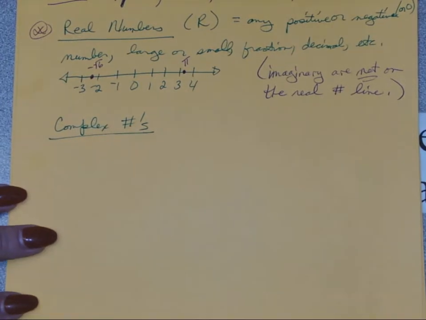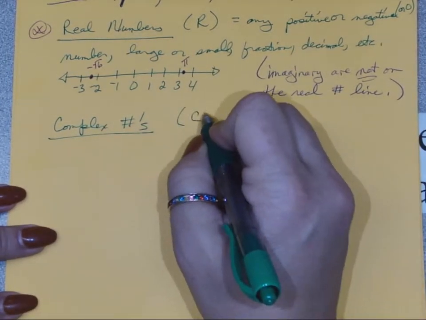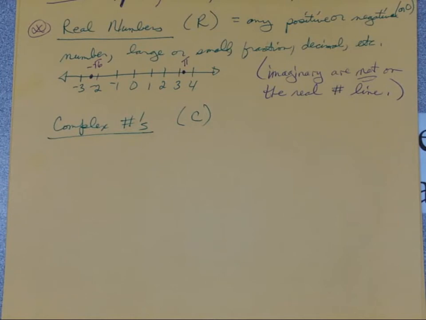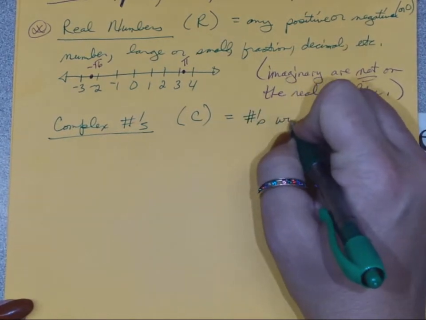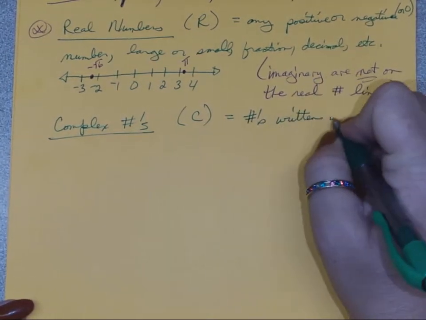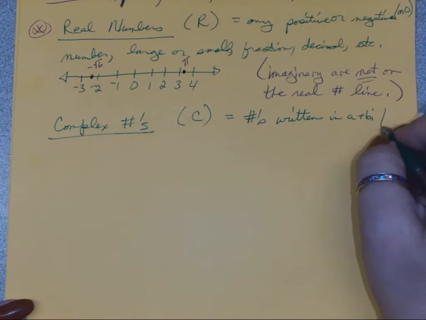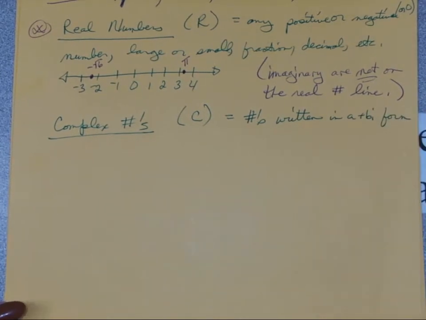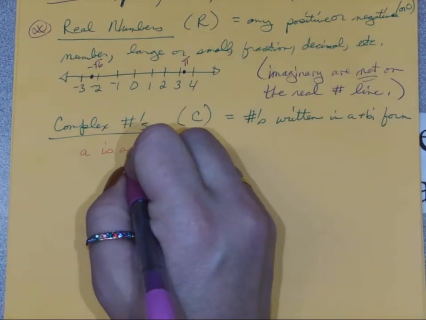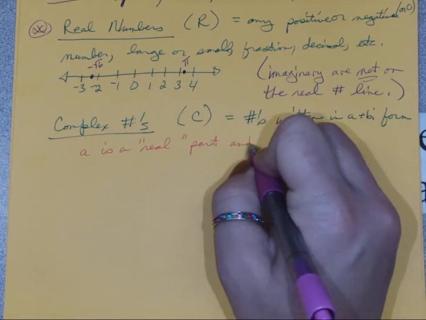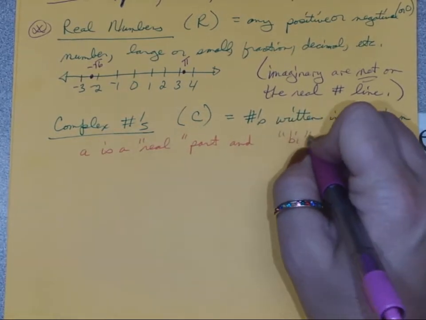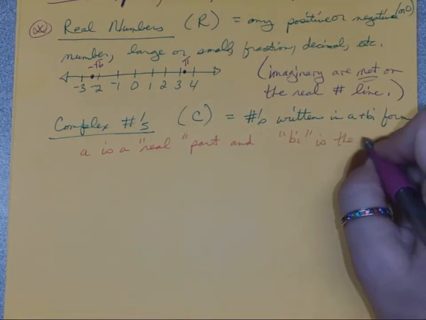Okay, and generally we call those the group of C, complex. And this is numbers that can be written in A plus BI form is what they call it, where A is a real part and BI is the imaginary part.